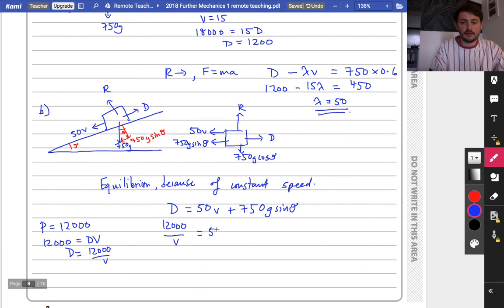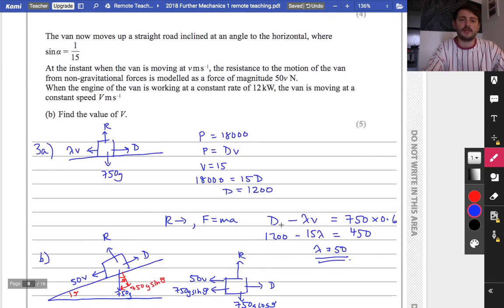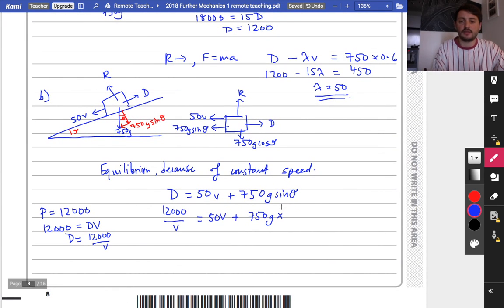This little v can now change to a capital V, and we have 750g sine theta. So that's 750g, and sine theta is 1 over 15, I believe. I think it's alpha. I've used theta, but I wouldn't worry. So that's 750 times 9.8 divided by 15. That's 490. So 12,000 over v equals 50v plus 490.